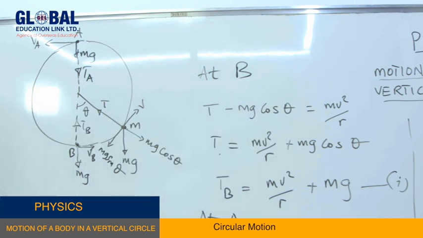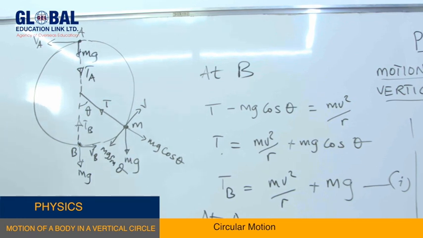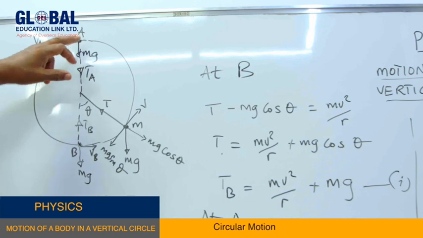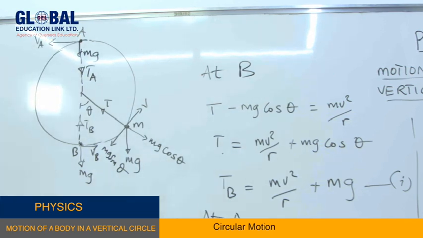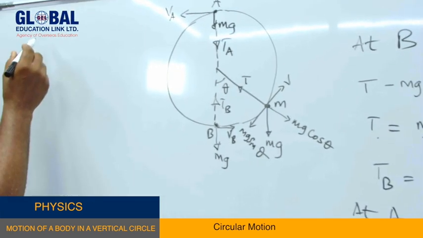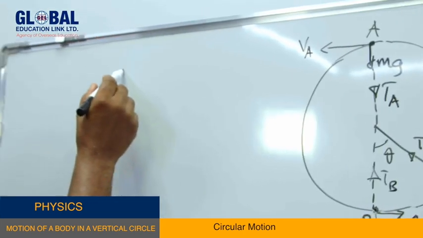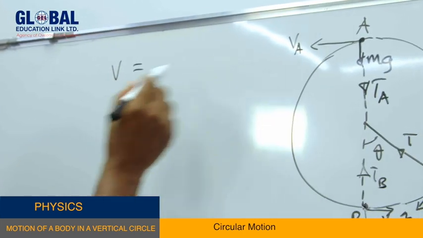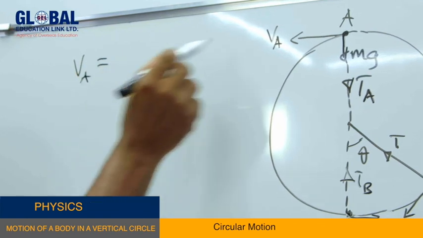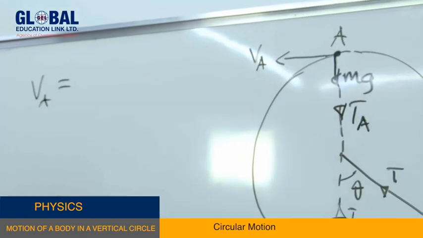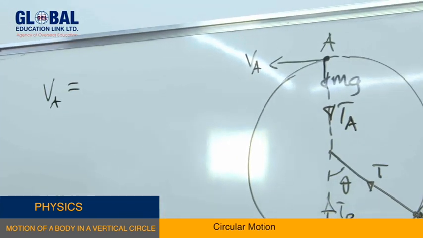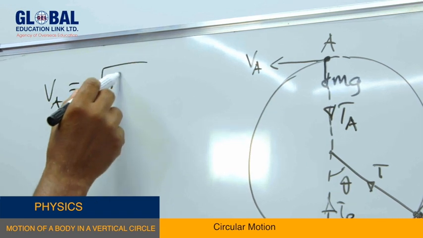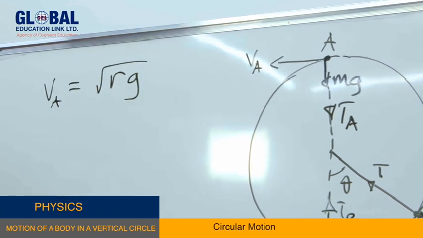So the velocity to be possessed by a body moving in a vertical circle when it is passing at the top, we already derived in our last lesson. The minimum velocity for the body to move at the top without making the string go slack is just equal to the square root of r times g.